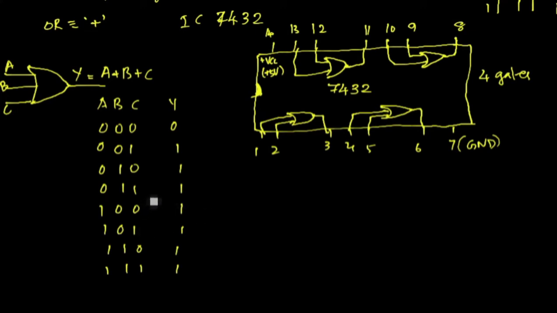So this is the truth table for a logical OR gate with 3 input terminals. So you can see that Y is equal to 0 only when all of the inputs are 0, and the output Y is high when any one of the inputs is high.